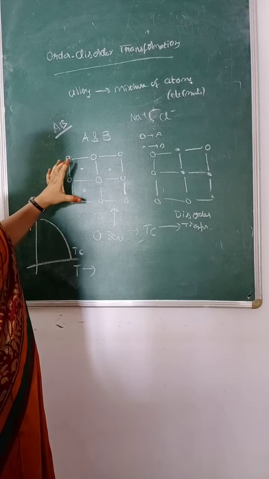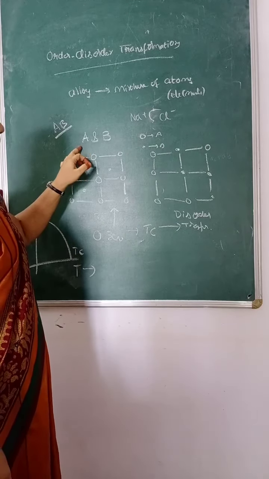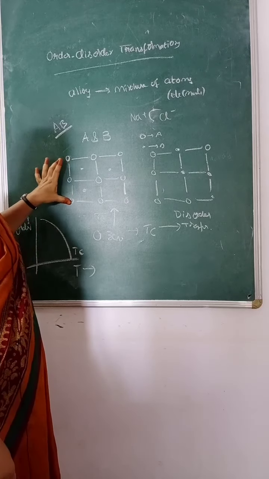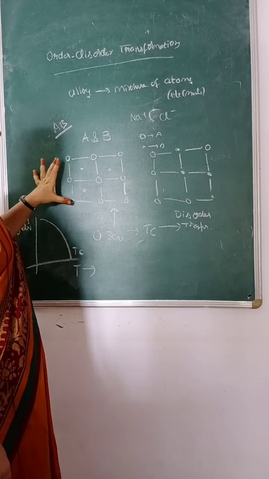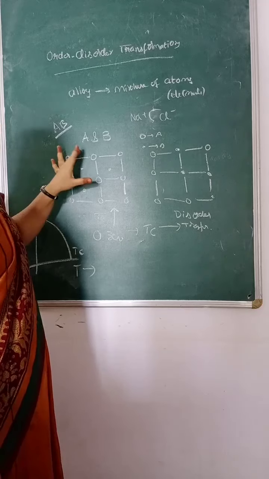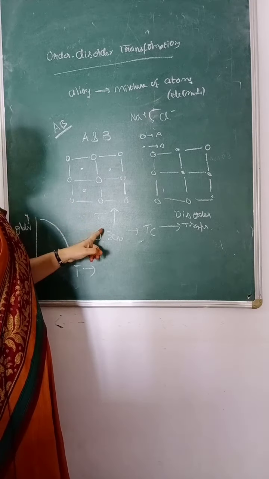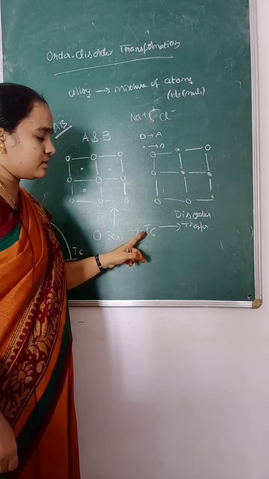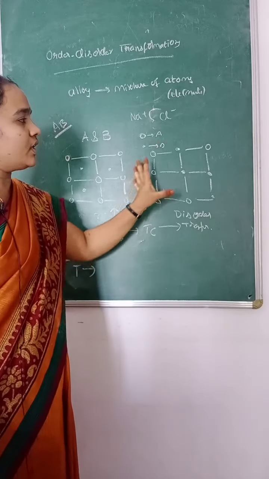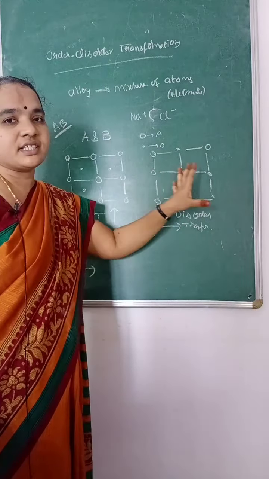At zero temperature, all these atoms A and B are regularly arranged. So this is the ordered arrangement of an alloy. If you increase the temperature of an alloy to a particular temperature called the Curie temperature, the order of the alloy will be disturbed.